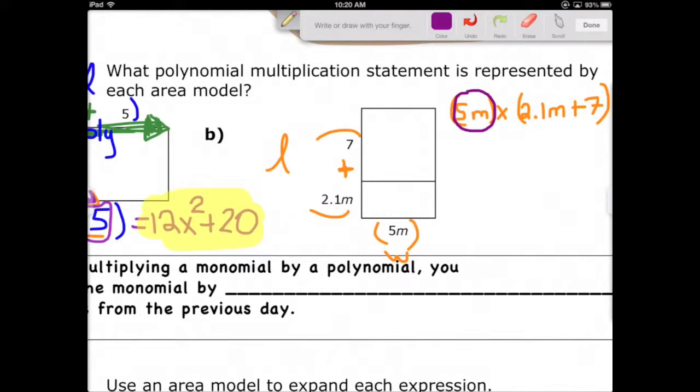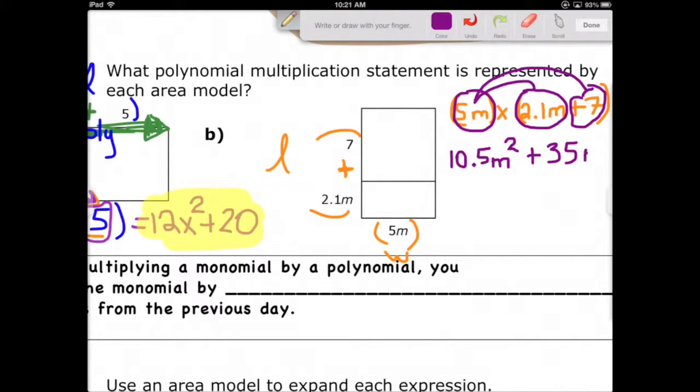5m multiplied by 2.1m gives us 10.5m squared. And the next one that we would do is 5m multiplied by 7. 5 times 7 is 35, and there's an m along for the ride.